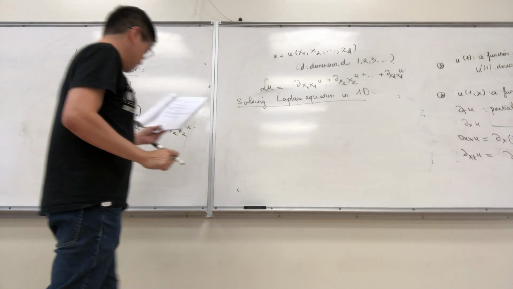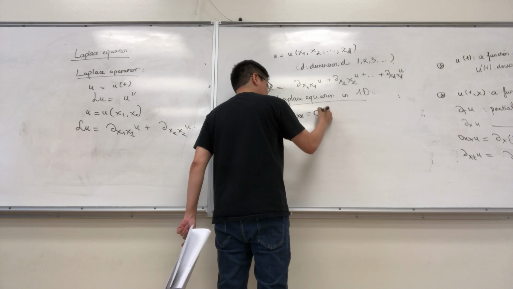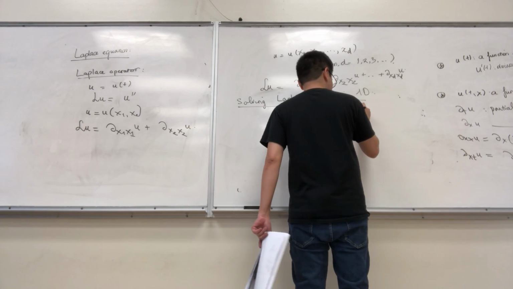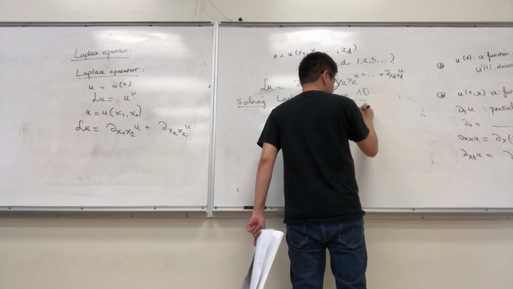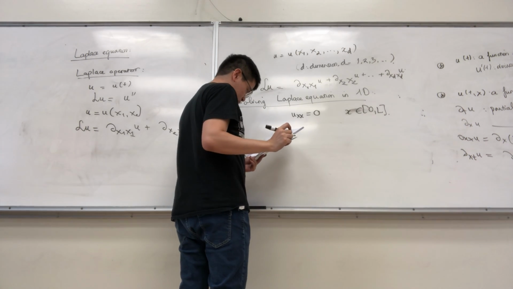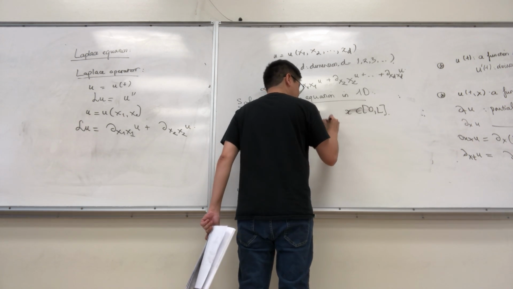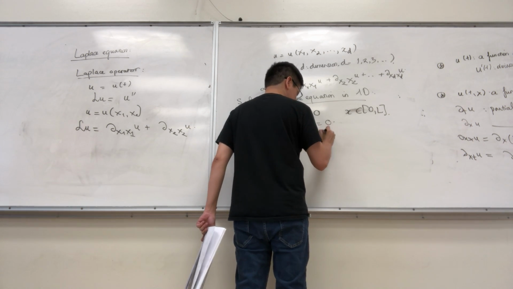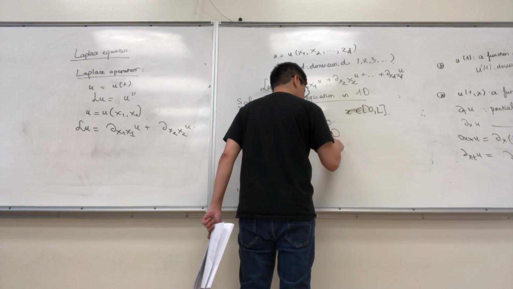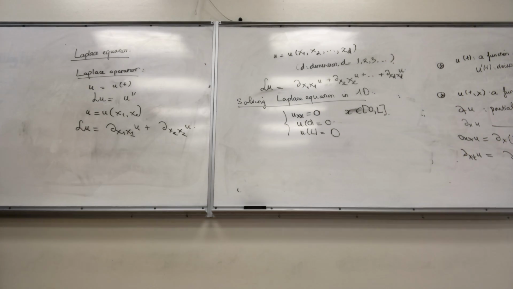Suppose that we want to solve u_xx equal to 1 for x going from 0 to L, such that u at 0 is 0 and u at L is also 0. Right?